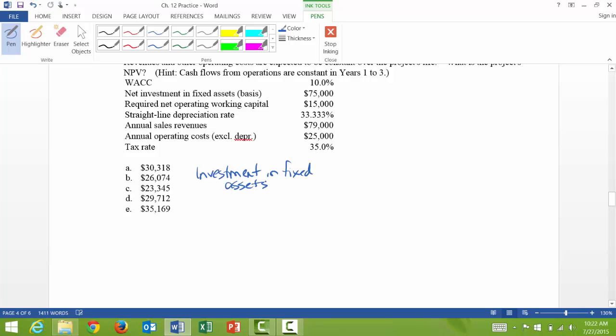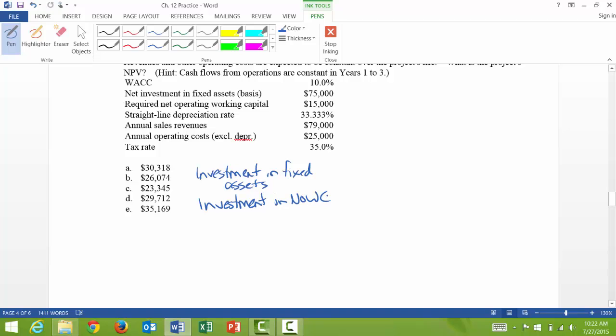And that's like your machinery or your land or equipment. And then at time 0 you will also have an investment in net operating working capital.